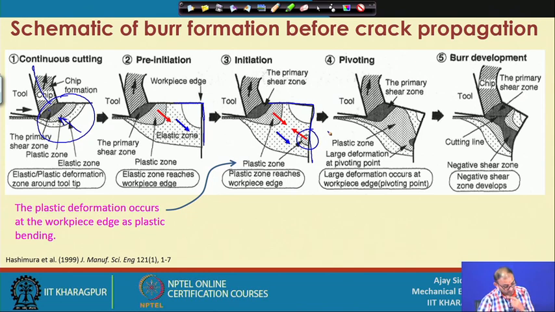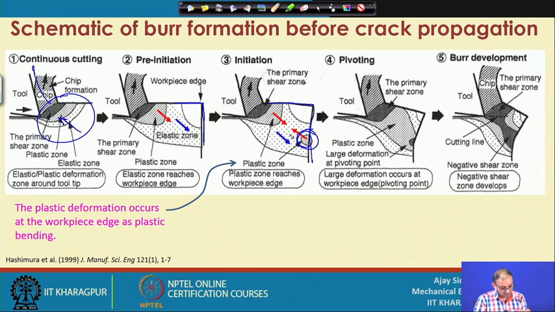That means a plastic zone also occurs here, because whenever you are pushing this material, the material starts deforming from the other side, since the whole thing is a plastic zone at this location. The plastic zone reaches the workpiece edge, and this deformation at the workpiece edge is plastic bending. Your workpiece starts bending in this direction, and because of that you again get one more plastic zone at this location.